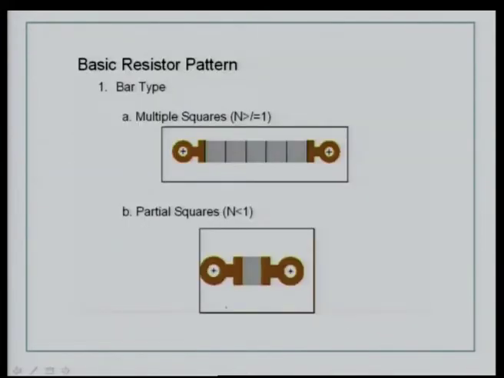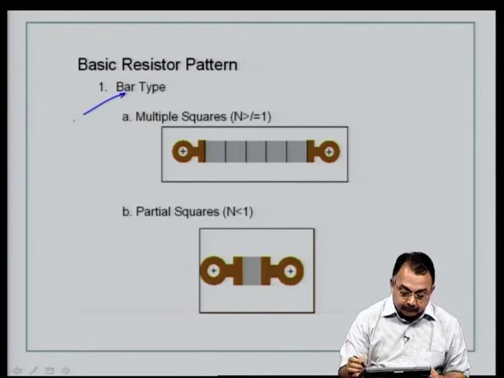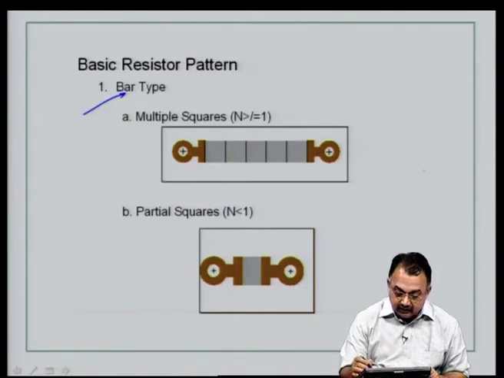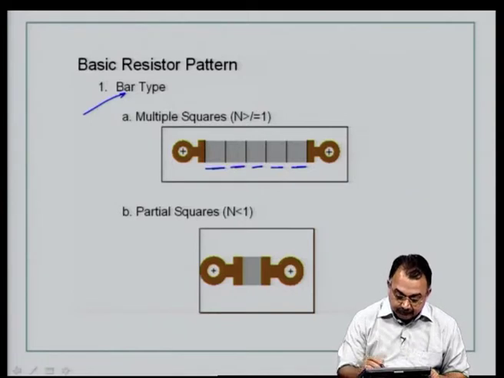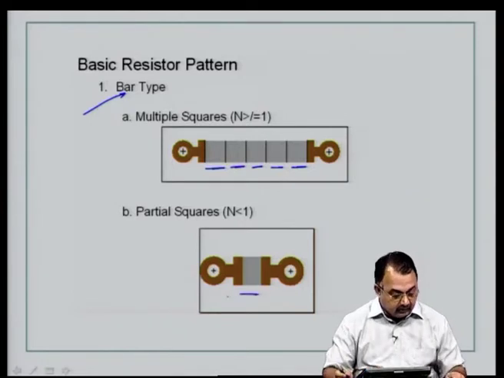Now, if you look at the basic resistor pattern, there are 2 types. The first is the bar type, where the pattern is simply a sequence of bars, multiple squares. So, n is greater than or equal to 1, and then you have partial squares, where n is less than 1.